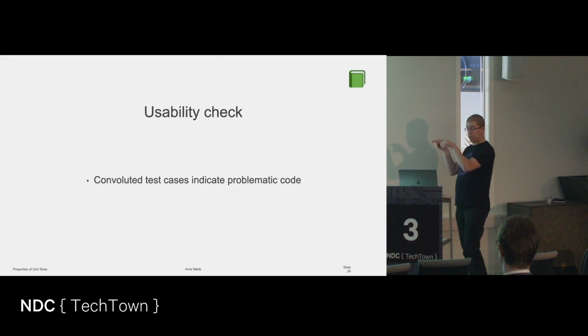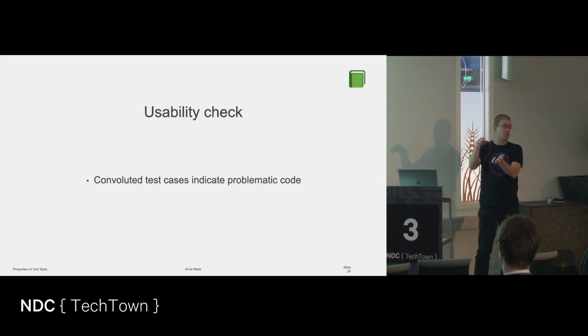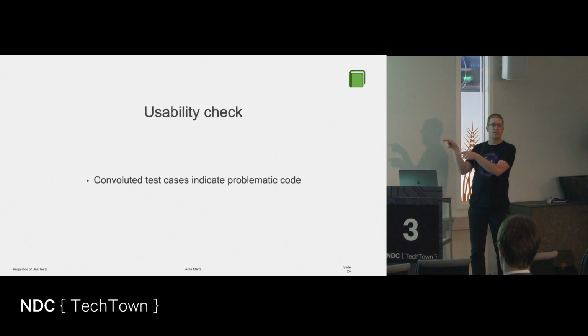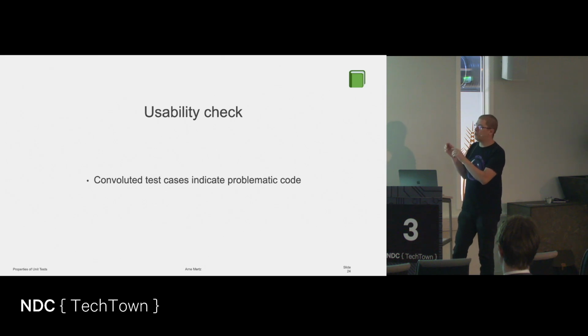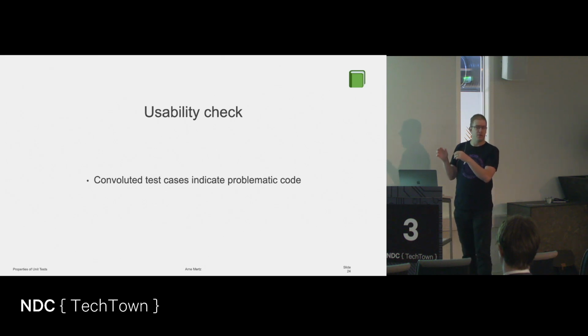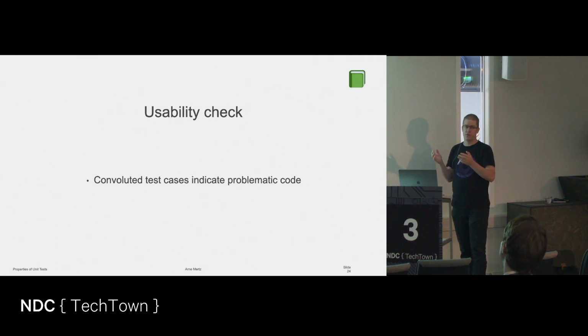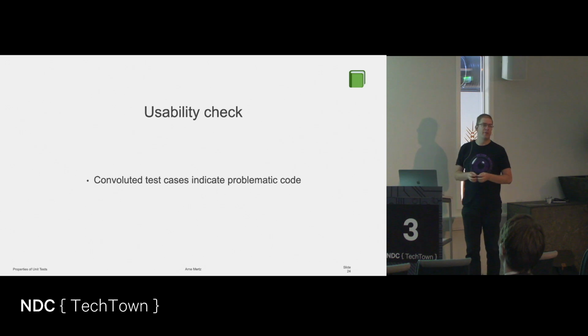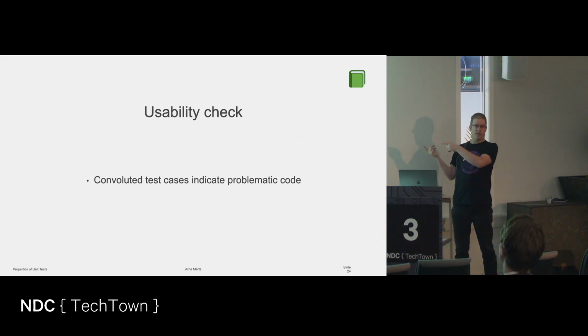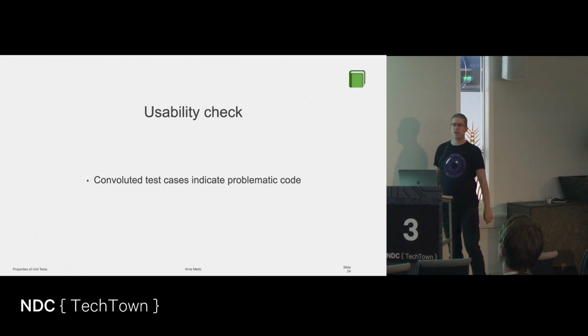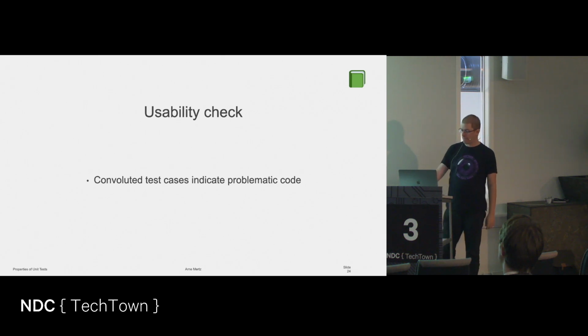If you have to write this convoluted code to make a simple test case work, you probably have to write the same convoluted code in your production code to actually use this unit, which means it's more likely to contain some errors, to omit some stuff, or to be more problematic than it should be. So check whether the unit under test is actually as usable as you want it to be.